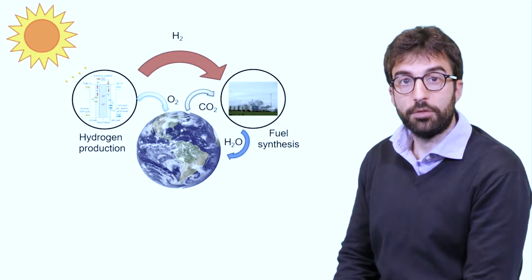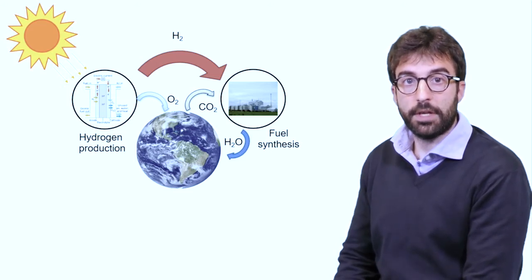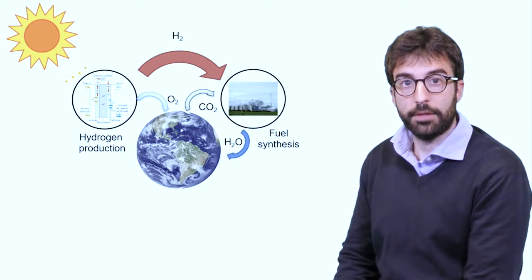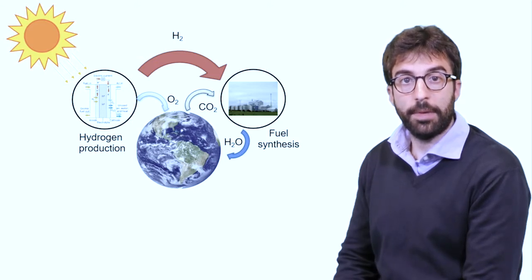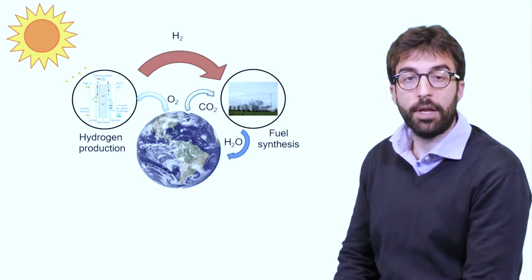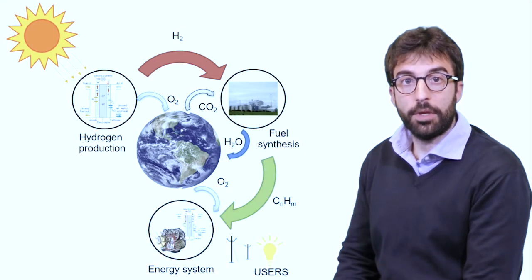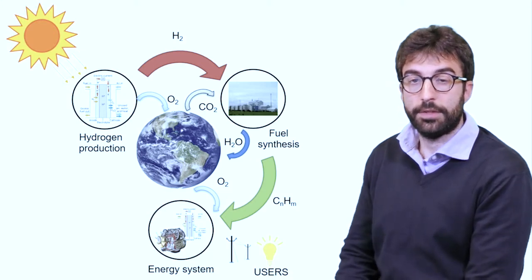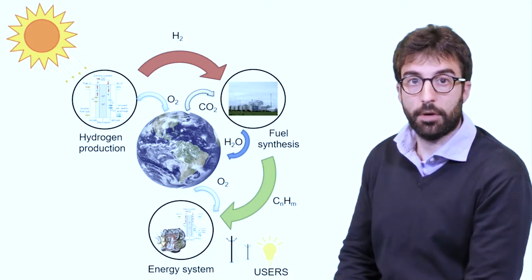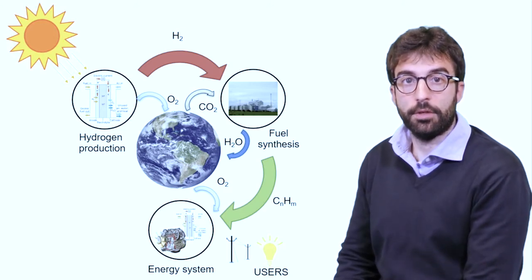From this process, we usually have steam or water as a byproduct. Such a solution allows us to improve the energy density and to transport the energy. Moreover, we can implement this technology into the already existing fuel network. As a result, we can have a technical solution in energy systems based on traditional or innovative technology to provide energy to the users.